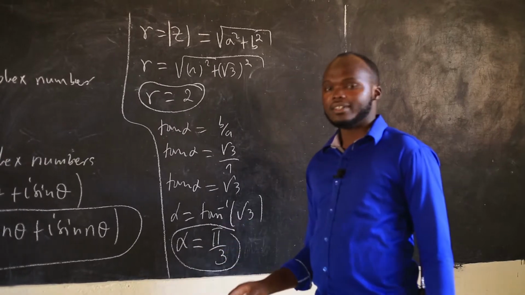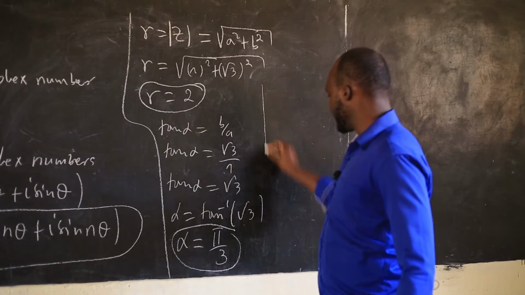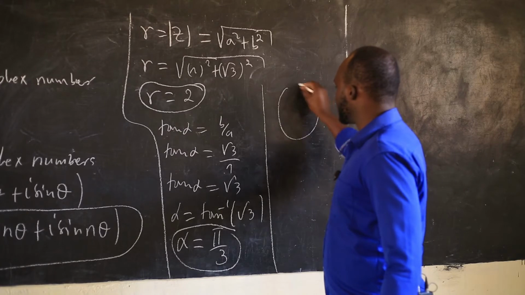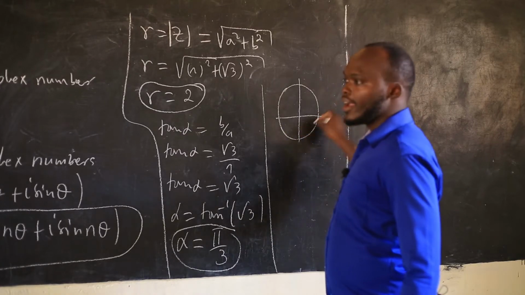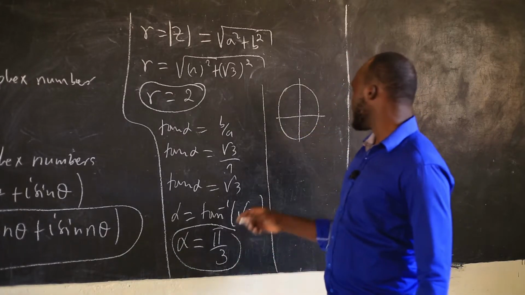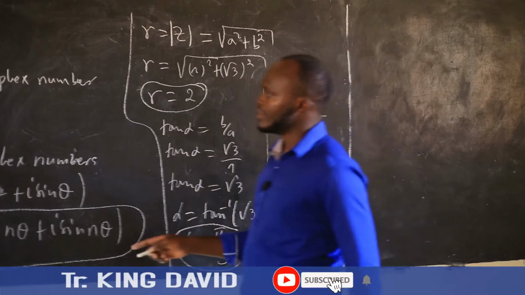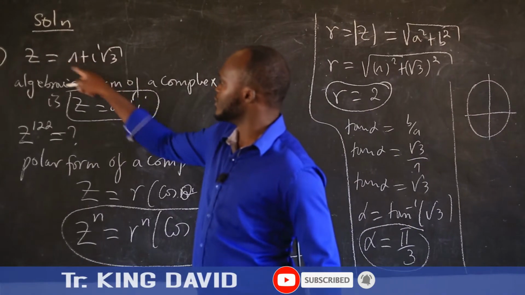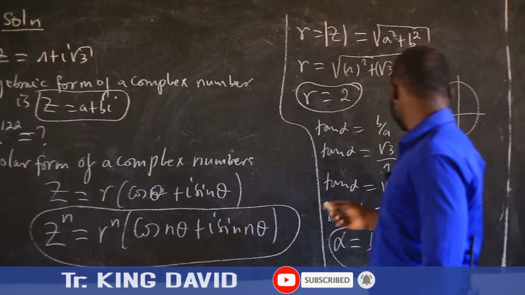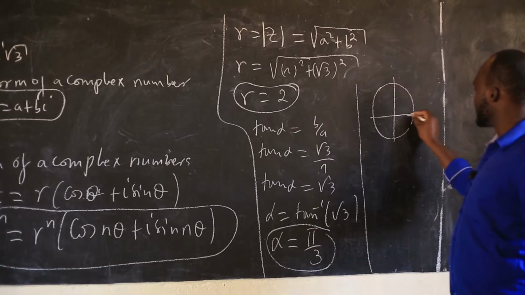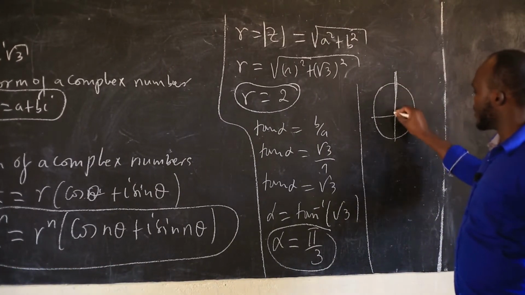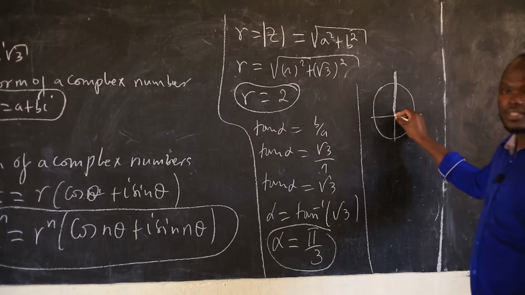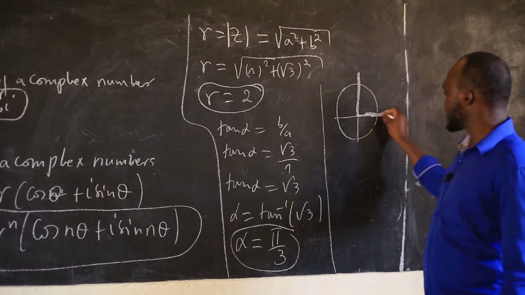Now remember, this is alpha. We need to find the argument, so we use quadrants. Our a is positive, and b, which is on the y-axis, is positive, and a on the x-axis is positive.